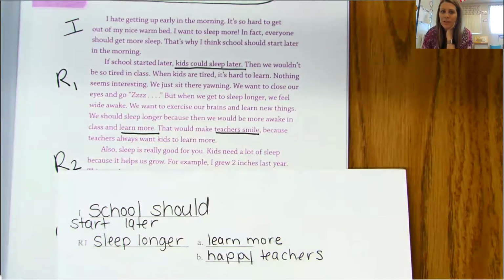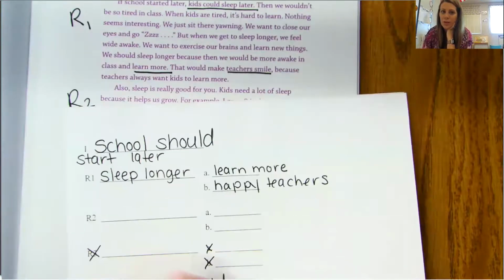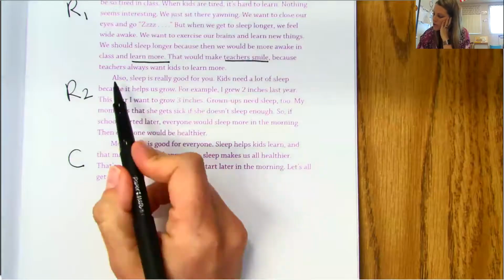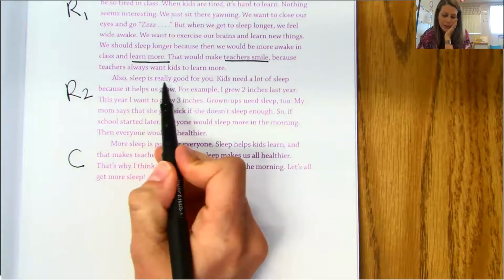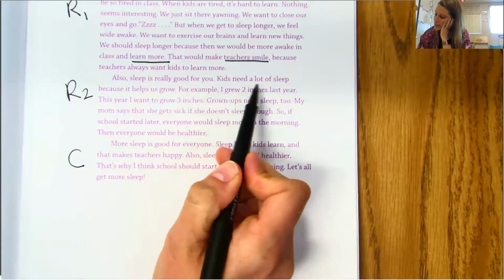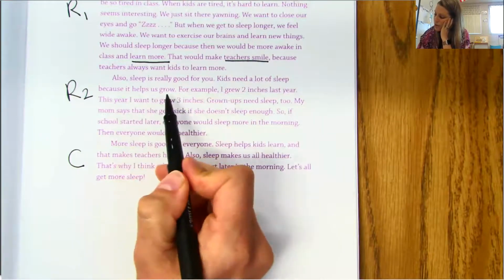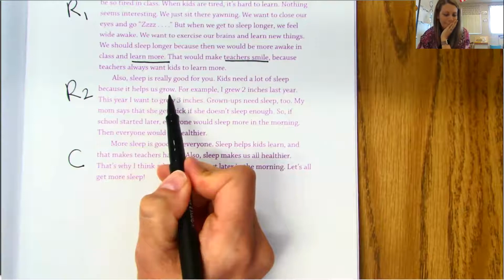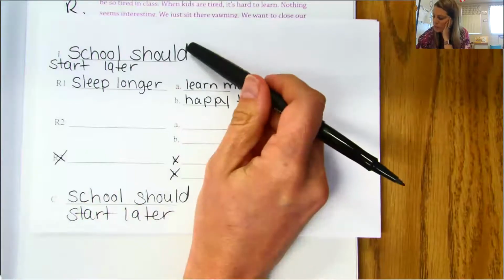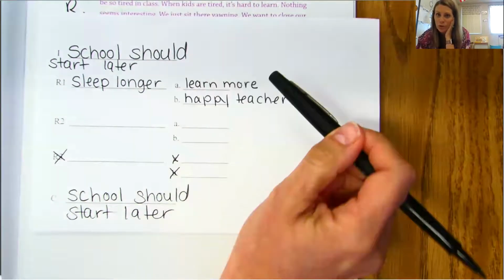If we look at reason number 2, what do you think reason number 2 is? Let's look at it. Also, sleep is really good for you. Kids need a lot of sleep because it helps us grow. So they're saying that school should start later because you can sleep longer. That helps you learn more.